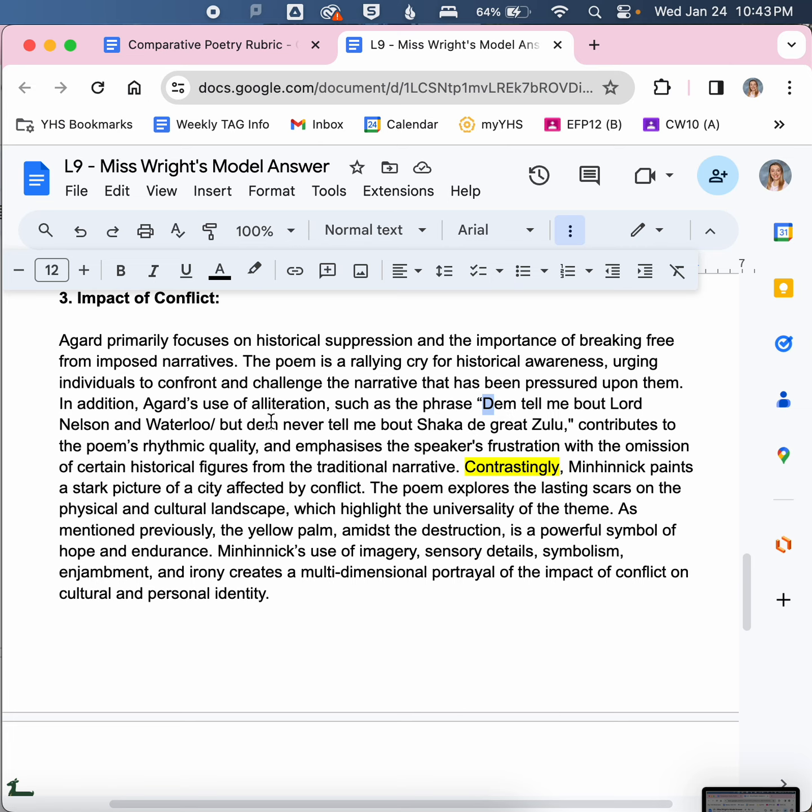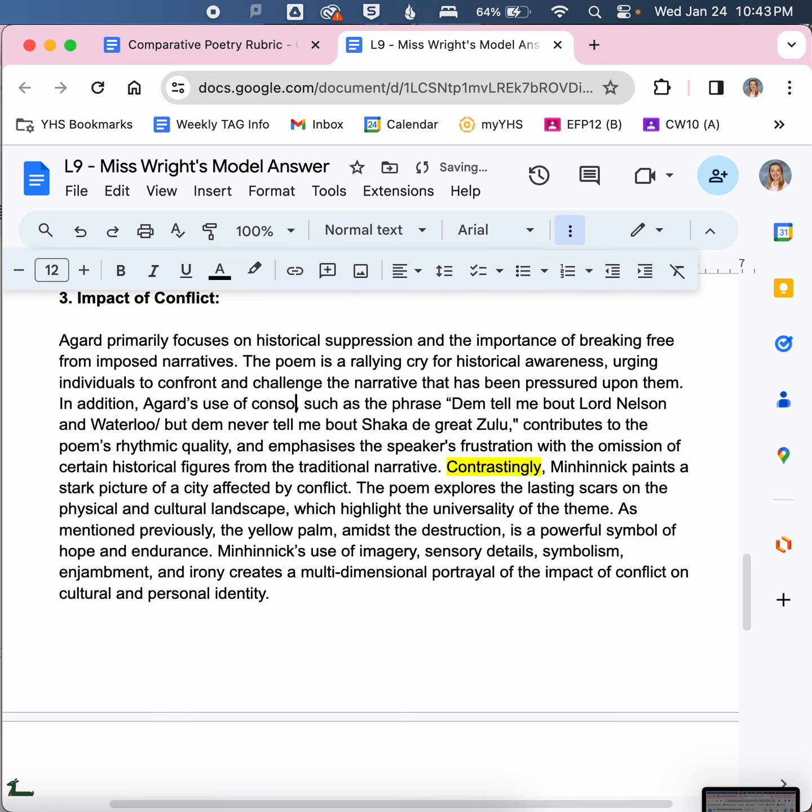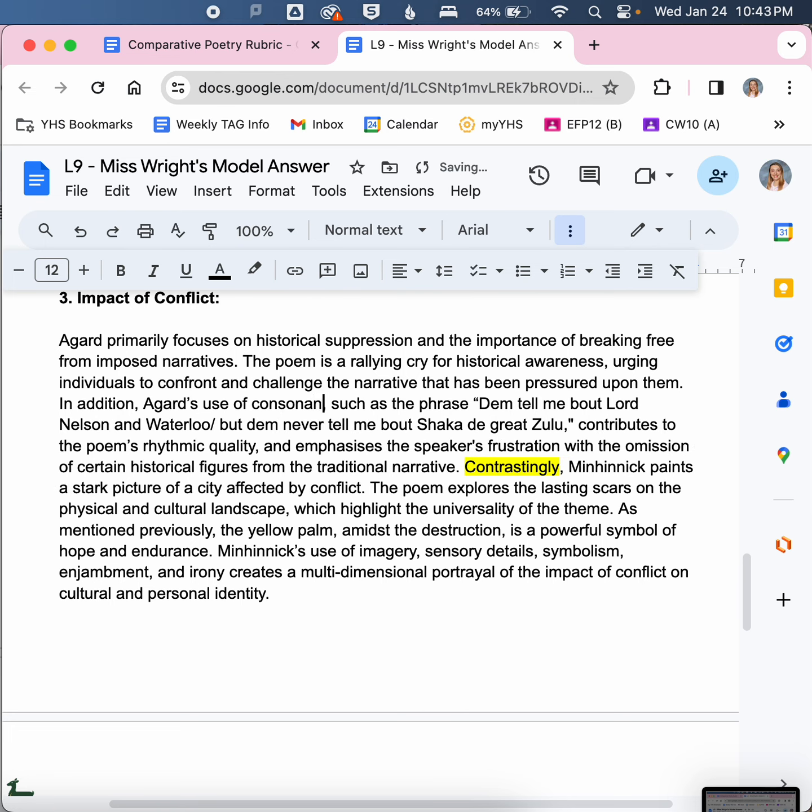Actually, to be more specific, I could call this consonance. Consonance is a type of alliteration which just focuses on the repetition of a consonant sound. So it's more like a harsh sound. The same with the B. That's also repeated in the poem. So it's those two sounds that repeat in this quote, for example.